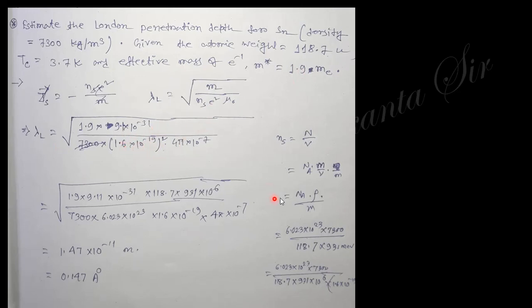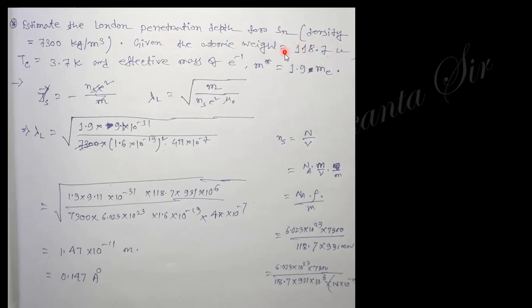n_s is the density, and it can be found as N by V. So N_A m by V M, and this M by V is rho. Put this value: N_A is Avogadro's number, rho is the density, which is given as 7300 kg per meter cube, and M is the mass of this tin. What is the mass?